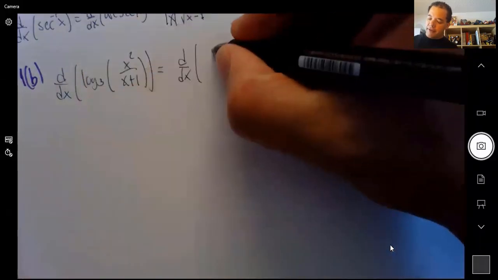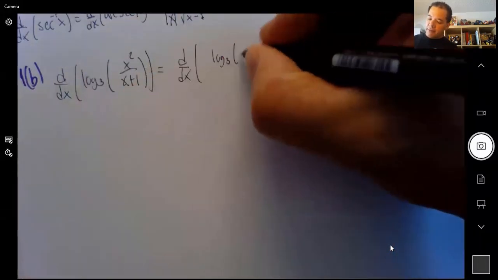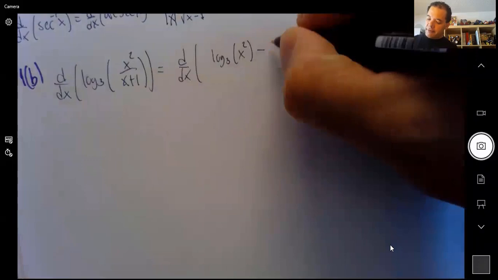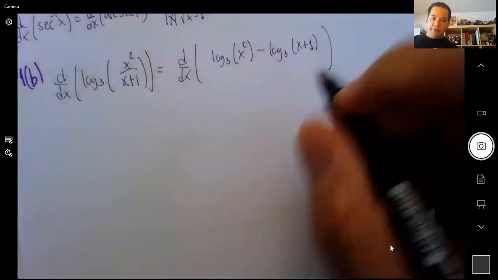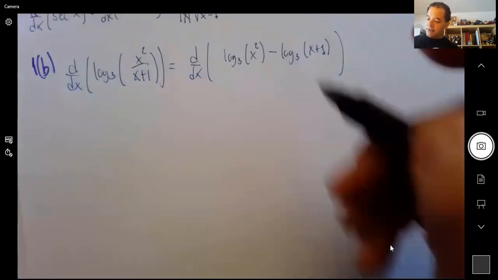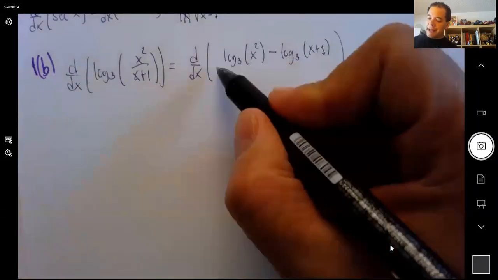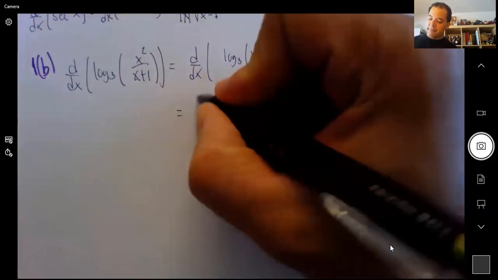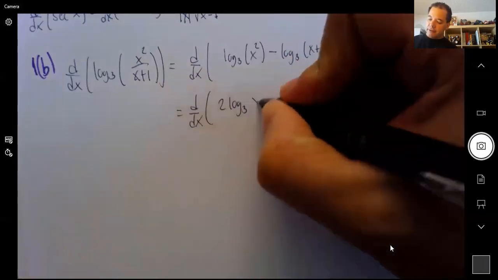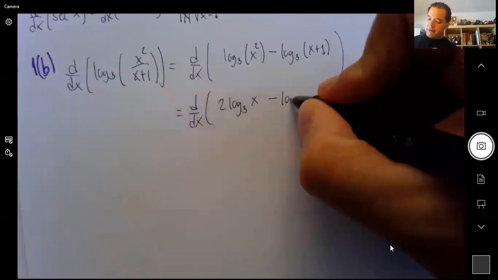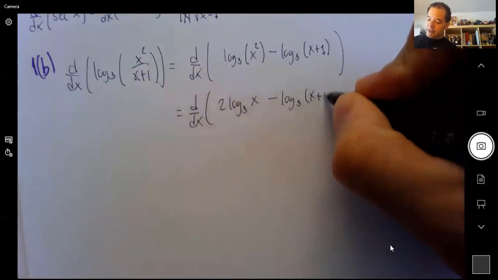So before taking the derivative, we could simplify this as logarithm base 3 of x squared minus logarithm base 3 of x plus 1. And you can simplify this even further, because remember, this exponent can come out of the logarithm, right? So this is 2 logarithm base 3 of x minus logarithm base 3 of x plus 1.